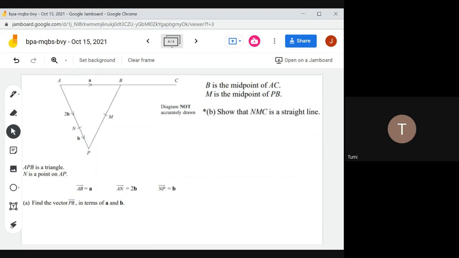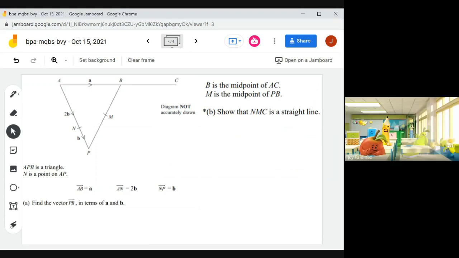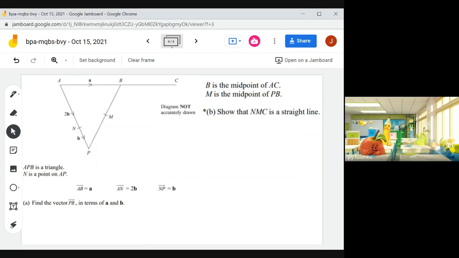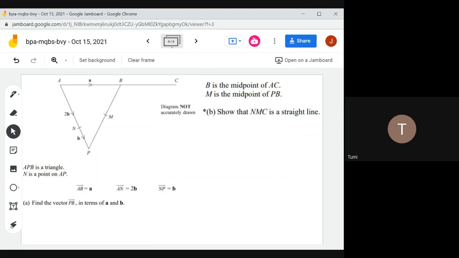Wait, do I switch it around? It's not about switching it around. Just think about the first thing that you mentioned. I'm not sure. Okay, so is it just B plus A then?